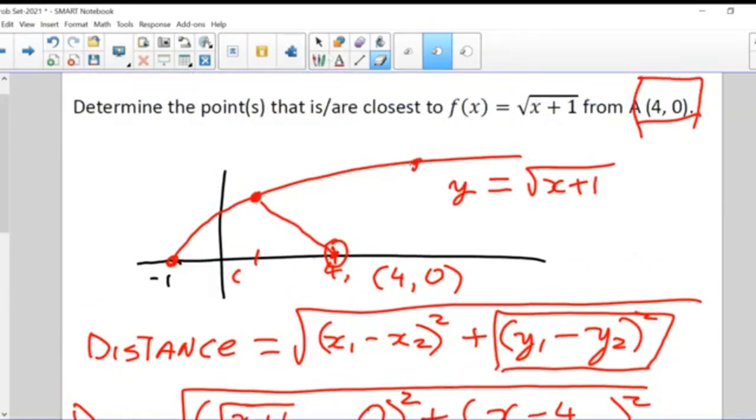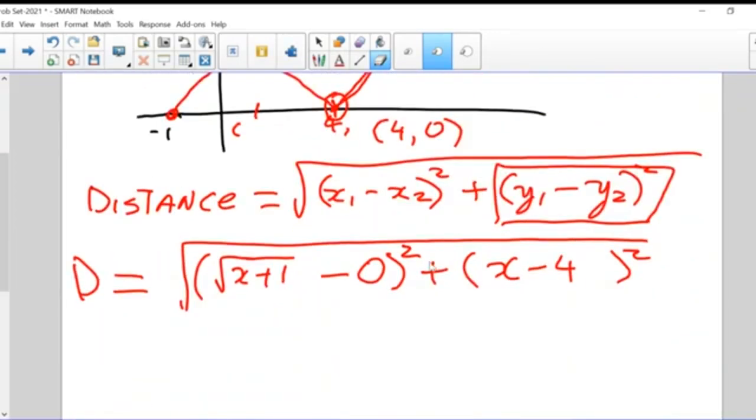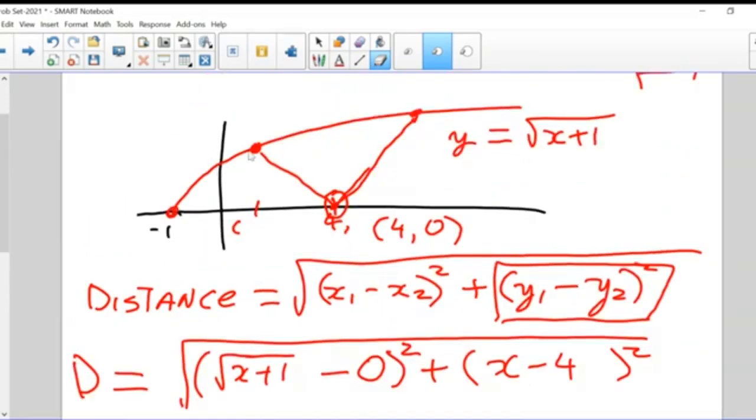If x was 7 or 10 or 52 or whatever, I would use this exact formula. I just keep changing the value of x. In generic terms, this is the general formula for the distance to 4, 0 from the function square root of x plus 1. Okay, does that clear it up for everybody? Hopefully it does.